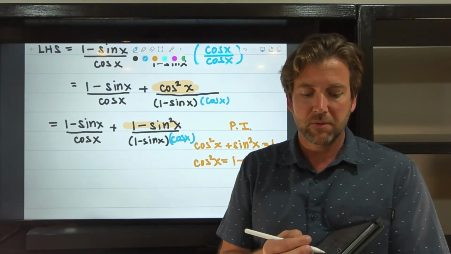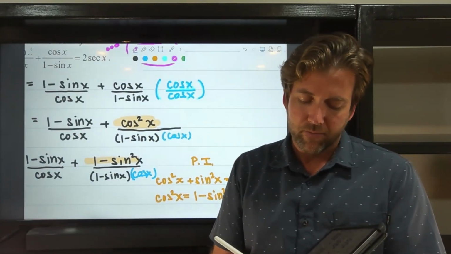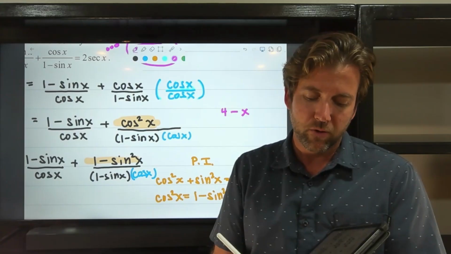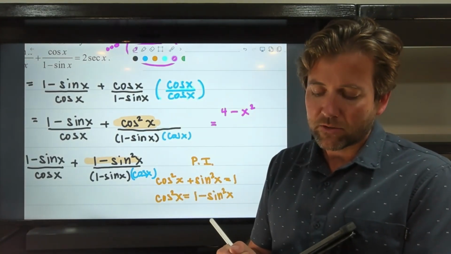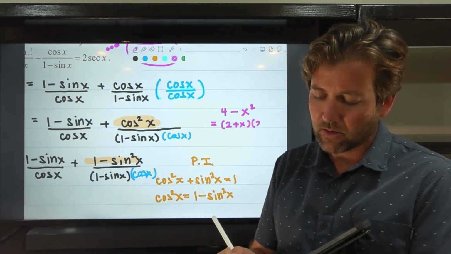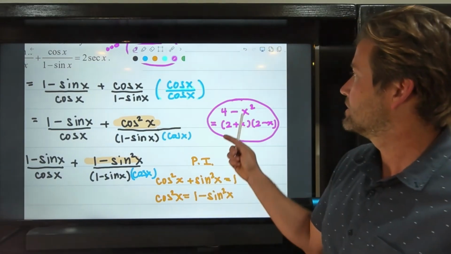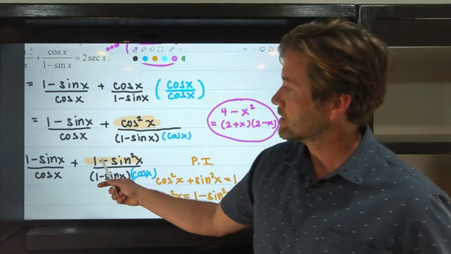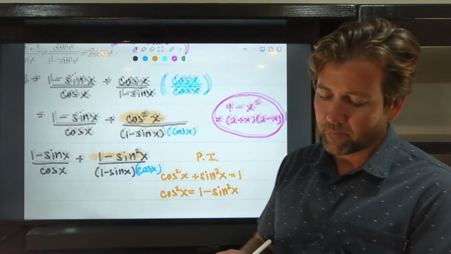Like, what does that mean? It means this. You know when you have 4 minus x squared? That's a difference of squares. It's an example. This factors to conjugates, 2 plus x and 2 minus x. This is what I'm seeing. I'm seeing difference of squares when I see this, knowing that this will factor to conjugates, kind of like that.